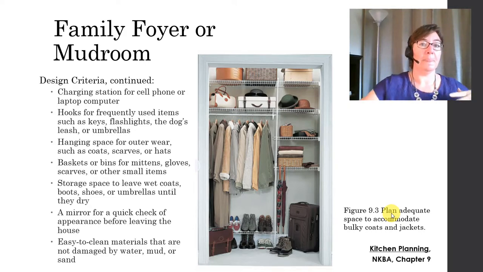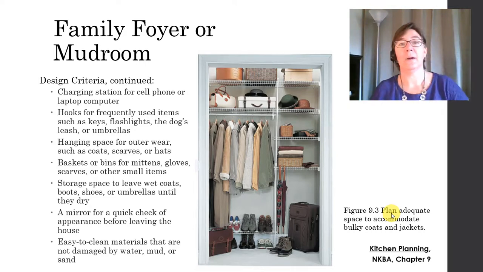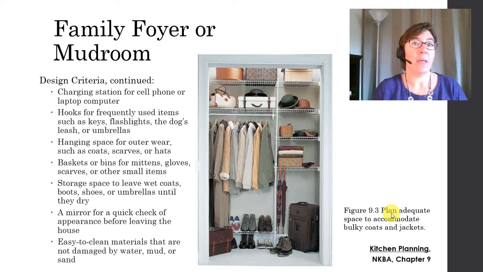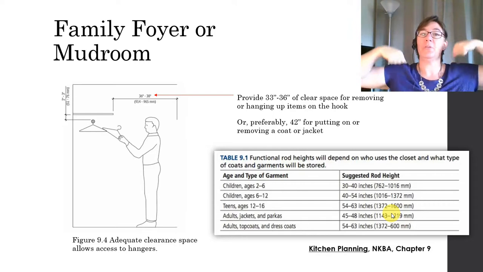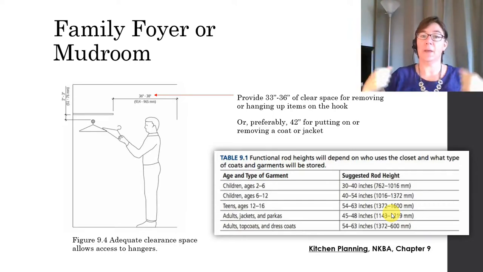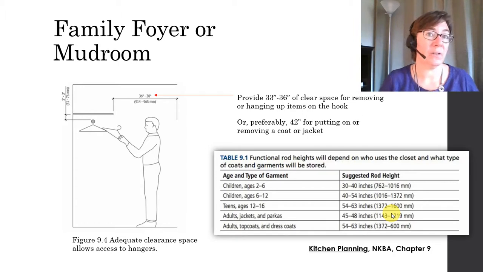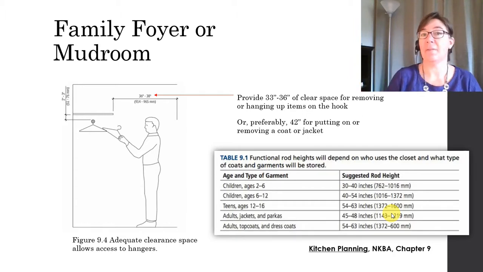It's susceptible to water, mud, even sand if you're in a beachy area. And so cleanliness is very important. When you're designing space for those coats, you also want to design space for someone to take the coats on and off, preferably about 42 inches of clearance in front of that coat closet.